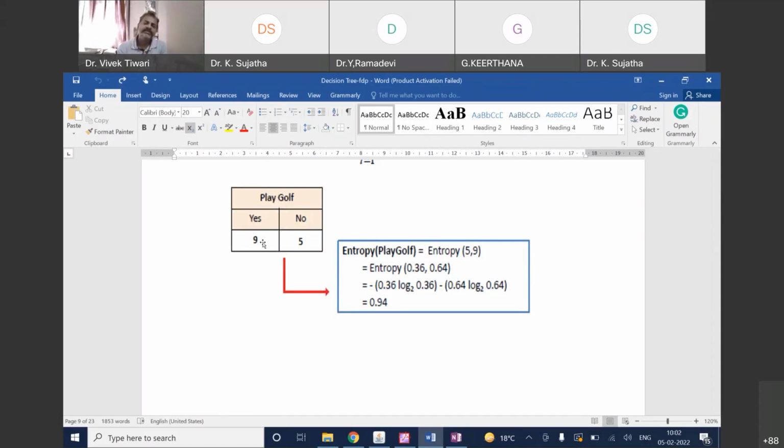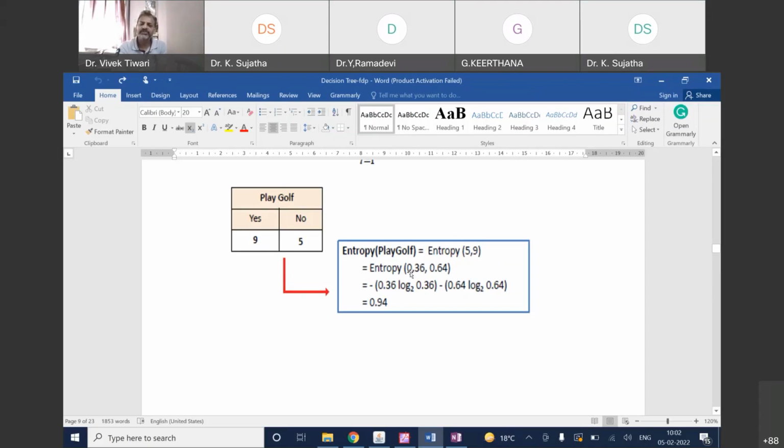Now how do we calculate the entropy of that class or variable? The formula is simple. Entropy of 9 and 5, where 9 observations are in one class and the remaining 5 are in the other class. So what is the ratio? 5 by 14 is 0.36, and 9 by 14 is 0.64.